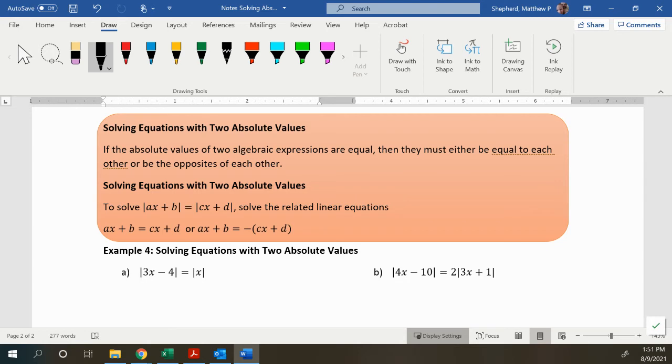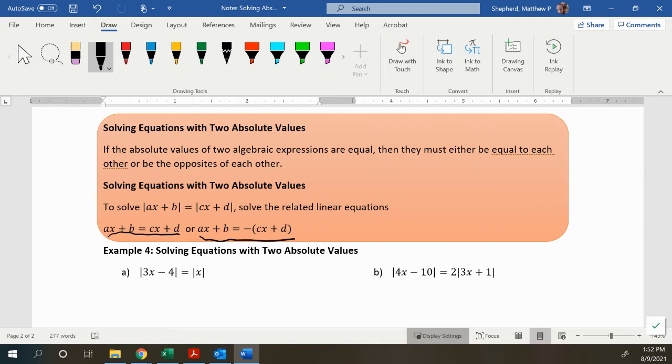Going back to the statement, if the absolute values of two algebraic expressions are equal, they must either be equal to each other. Notice the first one, they just set them equal. Or they must be opposites of each other. Now, if they're opposites, that's like a positive and a negative.